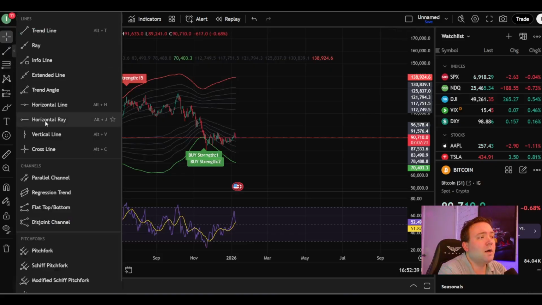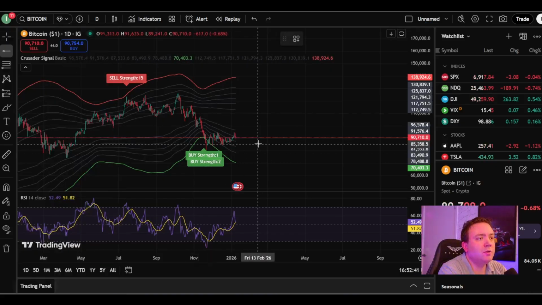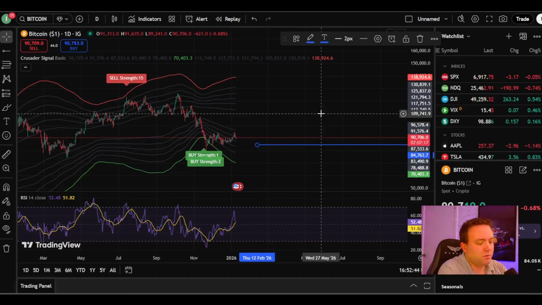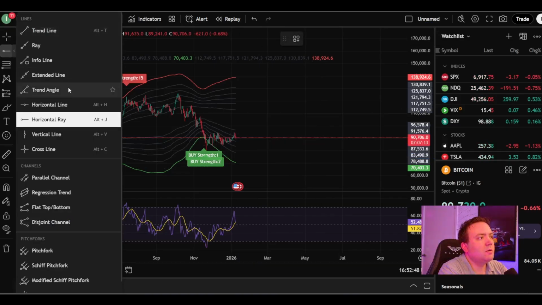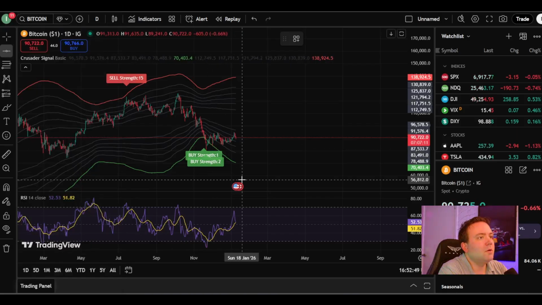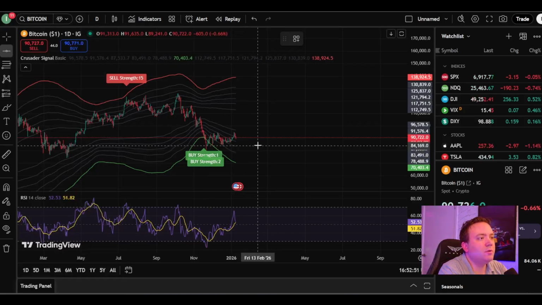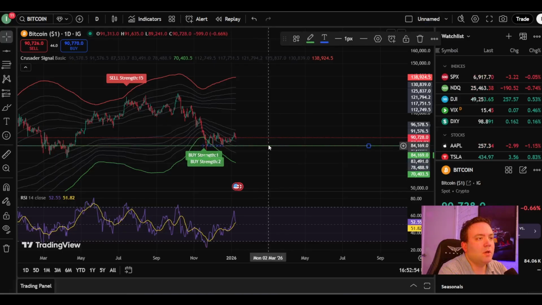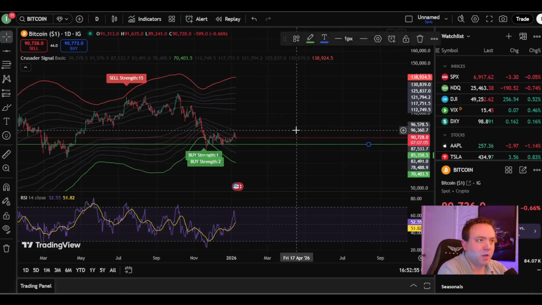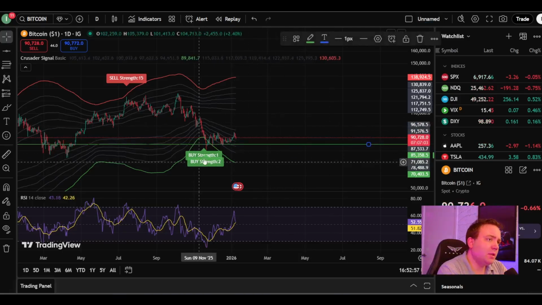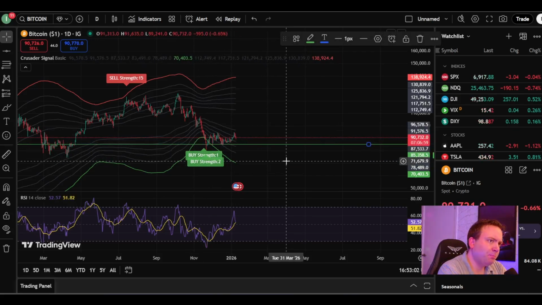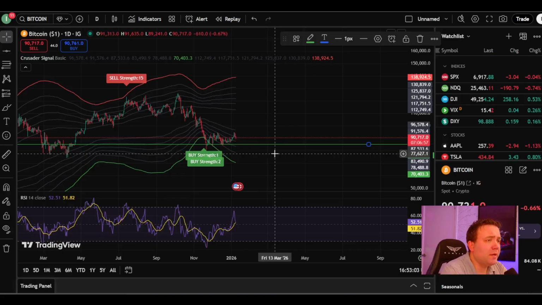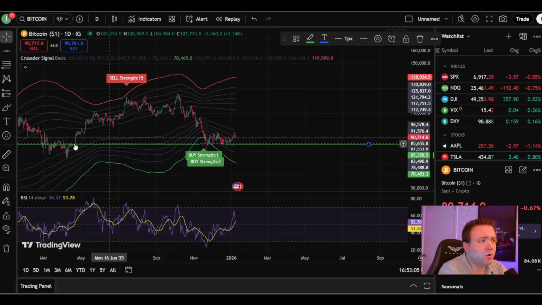And other than that, I use a little bit of drawing tools. So I draw, it's the wrong one actually, but that's the one. Basically what I do is I look at very key levels and try to buy at that. And you can see that the indicator bought at the same time where I bought, basically where I was going to buy anyway, because that is a historic level.